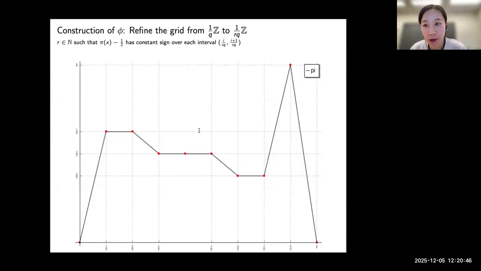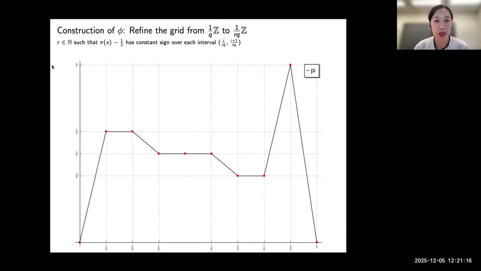I'm going to give a rough idea of the construction. We are given pi, a finite group valid function, a minimal function, an extreme function for the finite group problem. This is defined on the rational points of the cyclic group of order Q. We first interpolate into a continuous function.